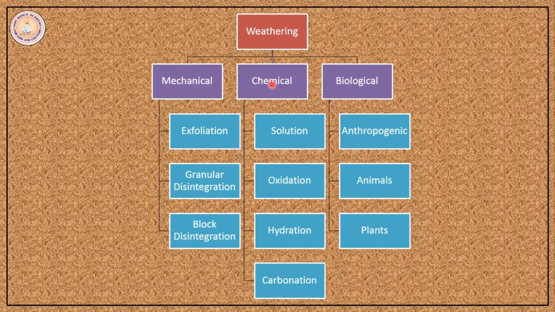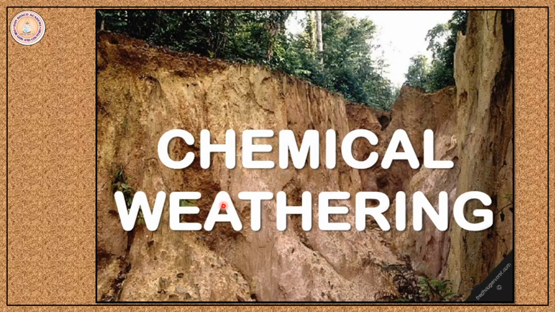Let's now move to chemical weathering. Now chemical weathering takes place in the presence of water, and when chemical weathering occurs, the type of weathering is faster in very hot and humid regions.